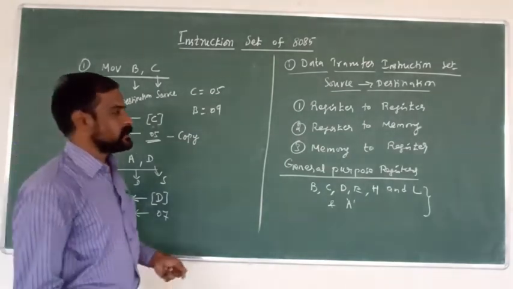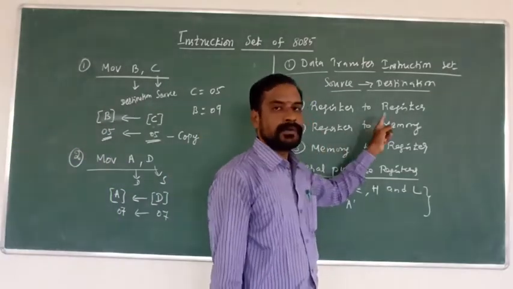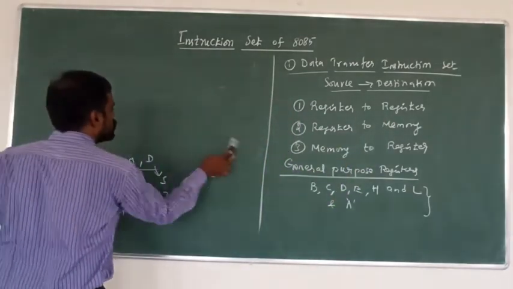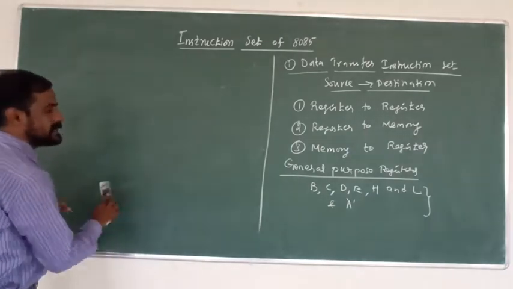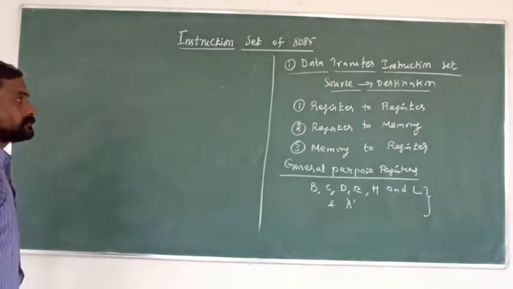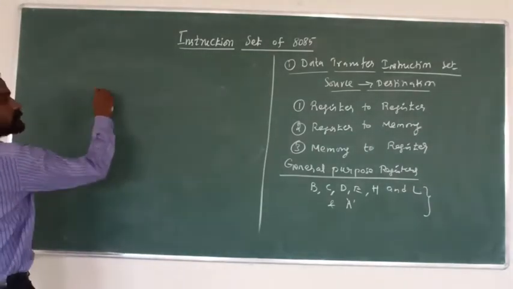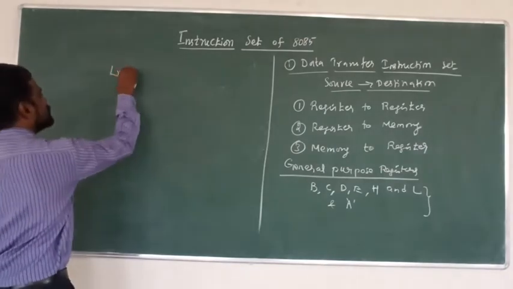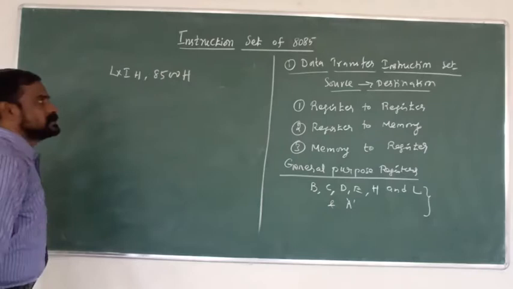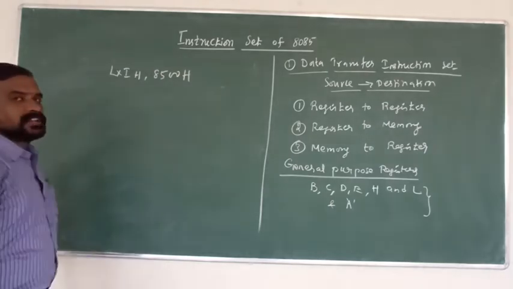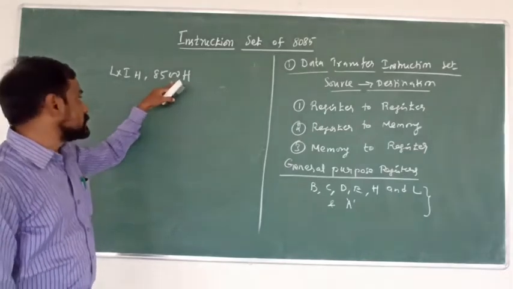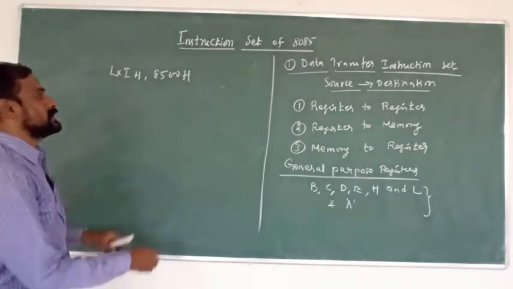Okay, and second one, register to memory. First we have to initialize the memory address location. For that we can use LXI H, 8500H. Here LXI means load the given 16-bit data or address into the HL register pair.